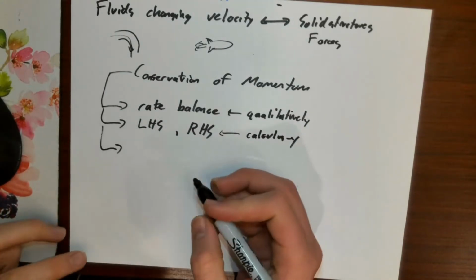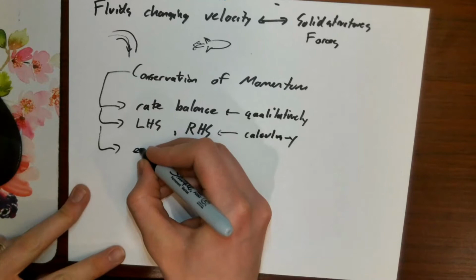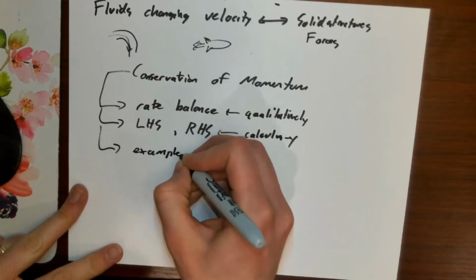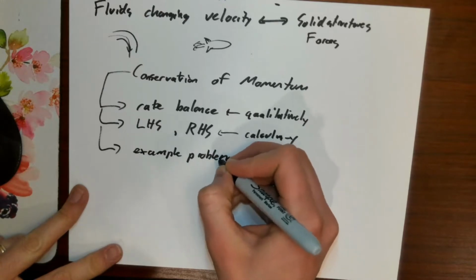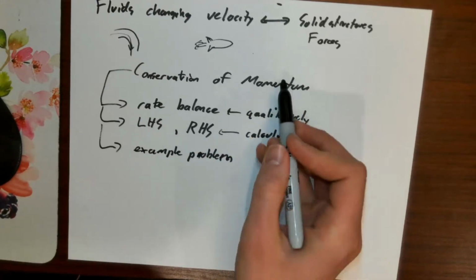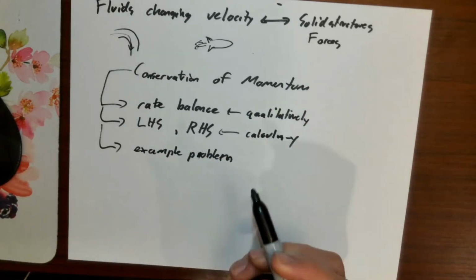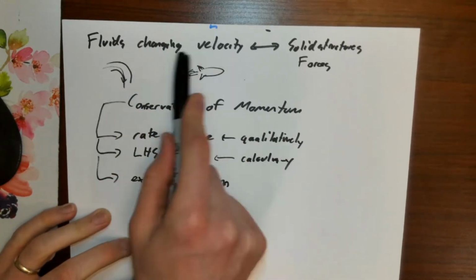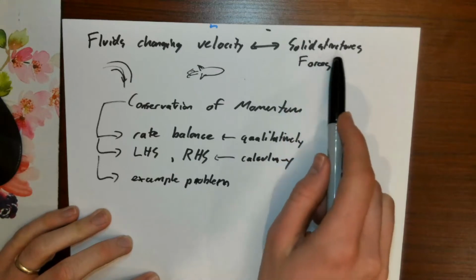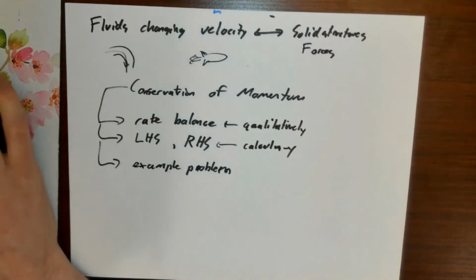And then at the end, we're going to follow up with an example. We're going to use conservation of momentum in an example problem that helps relate fluids of changing velocity to forces on solid structures. So let's rock.